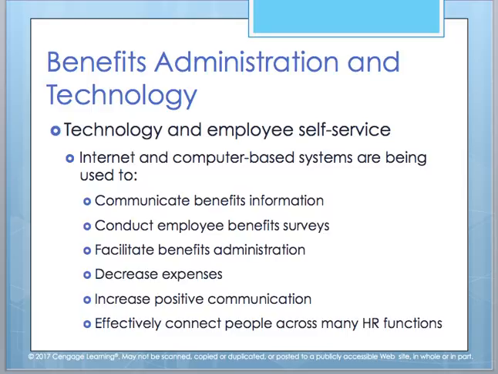There are self-service options where you can use internet and computer-based systems to communicate benefits information, provide surveys, facilitate administration of those benefits, decrease expenses, and communicate across the various HR functions, connecting all of those functions in one environment.